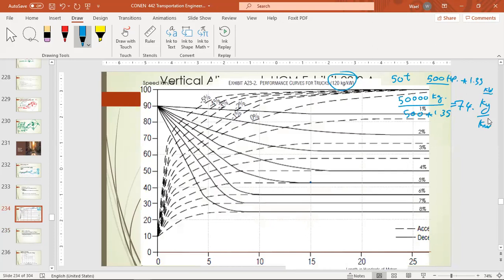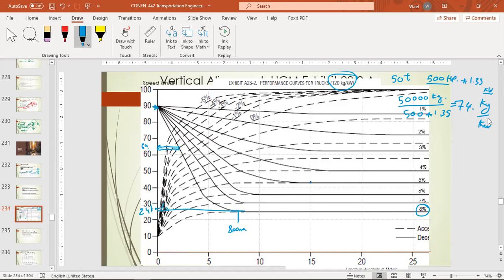As we mentioned here, you can have a grade of 8%, but if that grade is maybe for 200 meters, so the drop in speed, if the truck is entering at 90 and it drives up 200 meters for a short grade length, the exit speed will be almost 64. But if this grade exceeded 800 meters, that's going to be the exit speed. The speed will drop to almost 24 kilometers per hour.